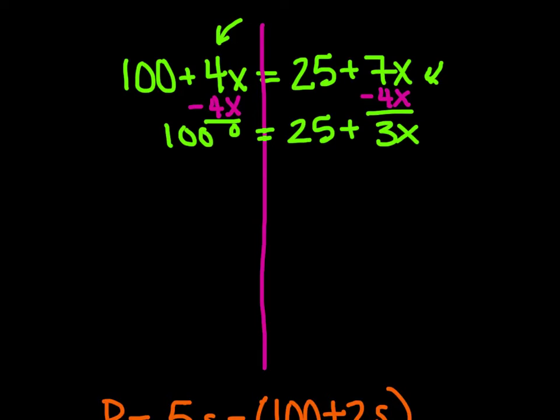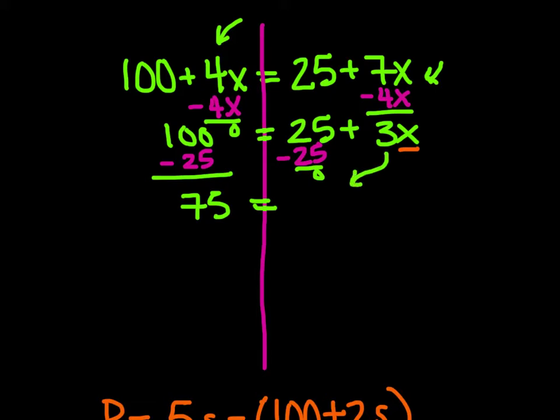Then after that, I can start to get my x by itself. We want to get that all by itself, so I'm going to subtract 25 from both sides. 100 minus 25 equals 75. There's my equal sign. 25 minus 25 equals 0, so that gets left behind. And my 3x is going to come down to here.